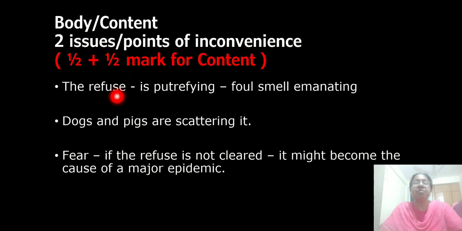The refuse, now that's petrifying, has a foul smell emanating from it. Second issue, dogs and pigs are scattering it. Then there could be a third one, so here is a suggestion for a third one. What is the fear? If the refuse is not cleared, it might become the cause of a major epidemic.